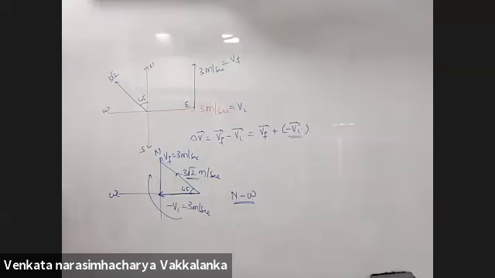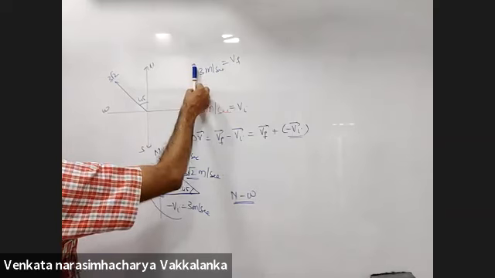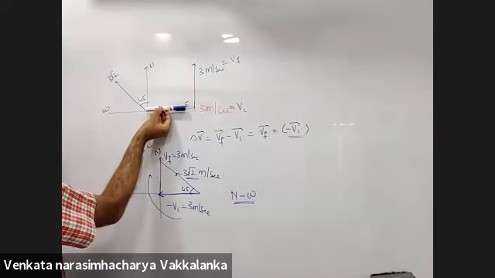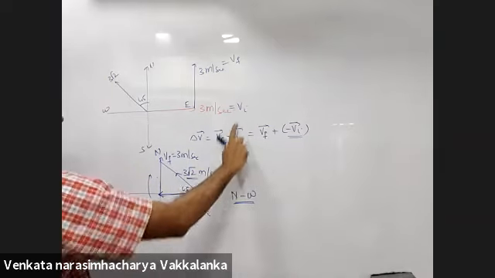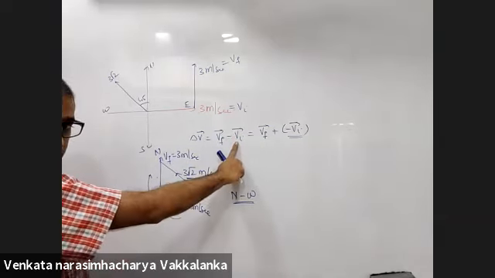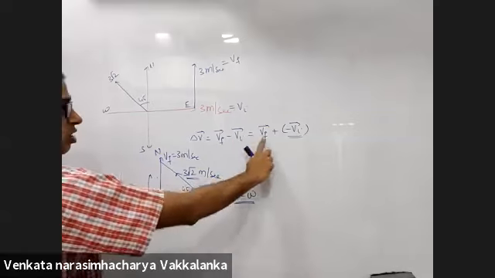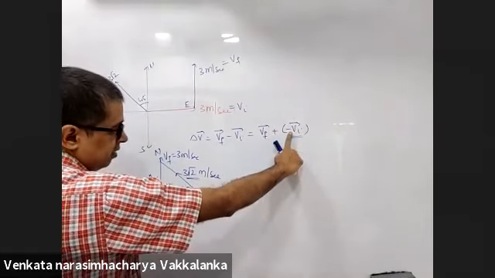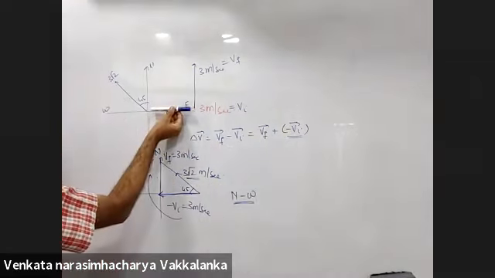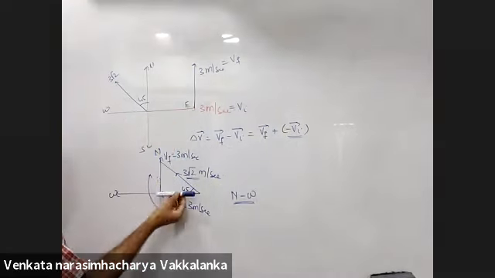Sir, can you repeat once a little? This is V final, this is V initial. V final minus V initial is my requirement. This is V final plus of minus V initial, so minus V initial means this should be reversed, which I have done.